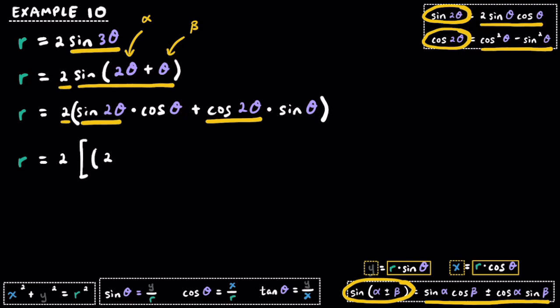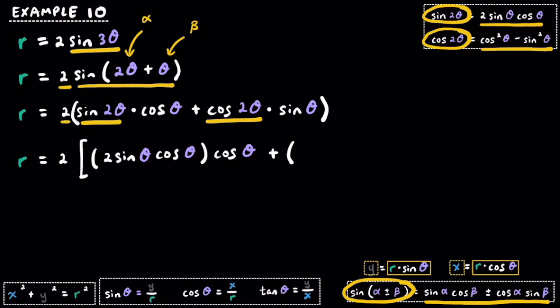That's going to be 2 times sine of theta times cosine of theta. That's just going to be our double angle formula there. And that's going to be still multiplied by cosine of theta that was originally there. And that is going to be added onto, let's see, what's cosine of 2 theta?